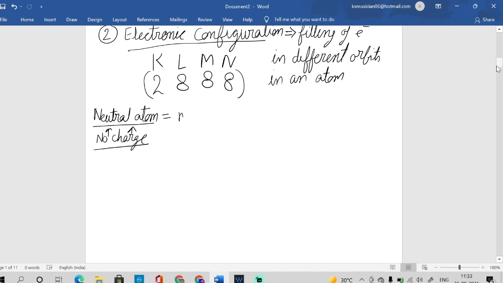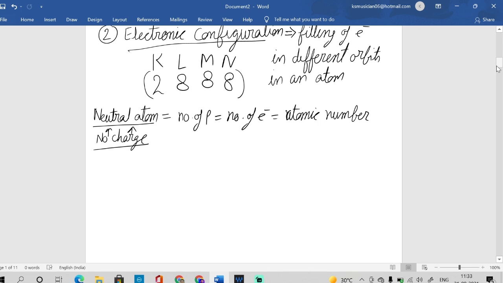In that condition, the number of protons will be equal to the number of electrons, and this will also be equal to the atomic number, because we all know atomic number is equal to the number of protons. So if we know the number of protons, we also know the number of electrons, and electronic configuration is nothing but the distribution of electrons in the different orbits in an atom.